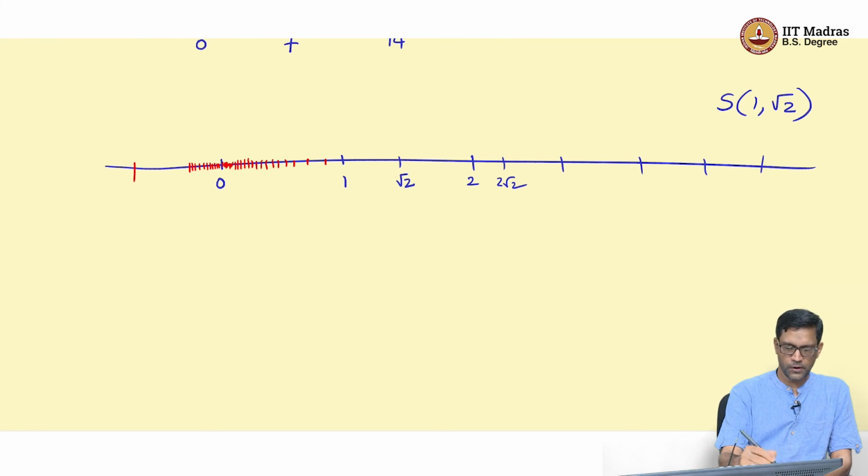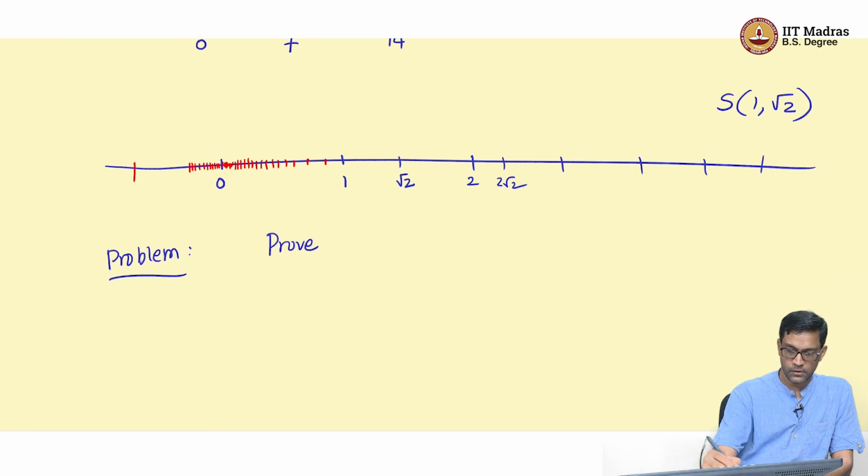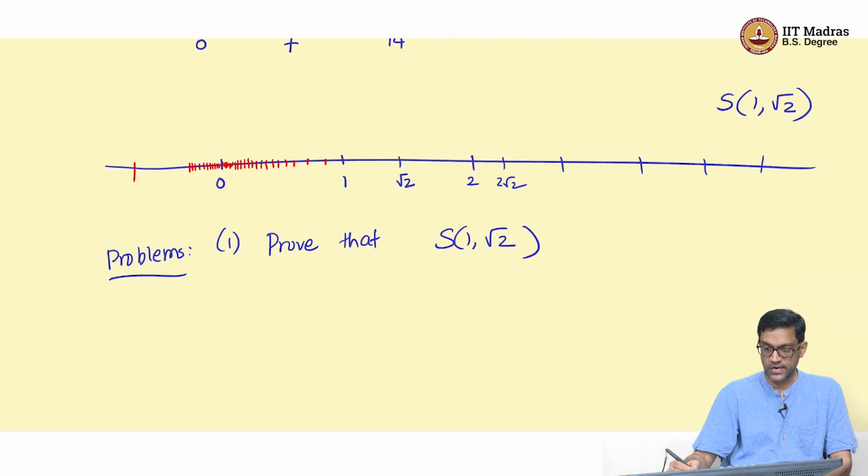So here's another nice problem for you to prove. So maybe problem 1: prove that S of 1 comma root 2, or more generally S of any two numbers, if I start with any two numbers P and Q, where P and Q are real numbers.